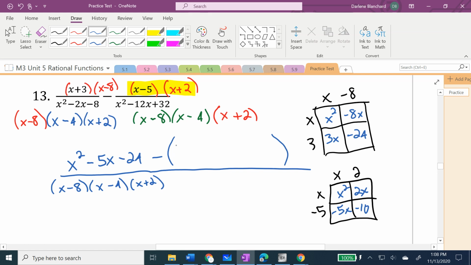And so I end up getting x squared, adding like terms, negative 3x, and then minus 10. But be very careful with these darn subtractions.